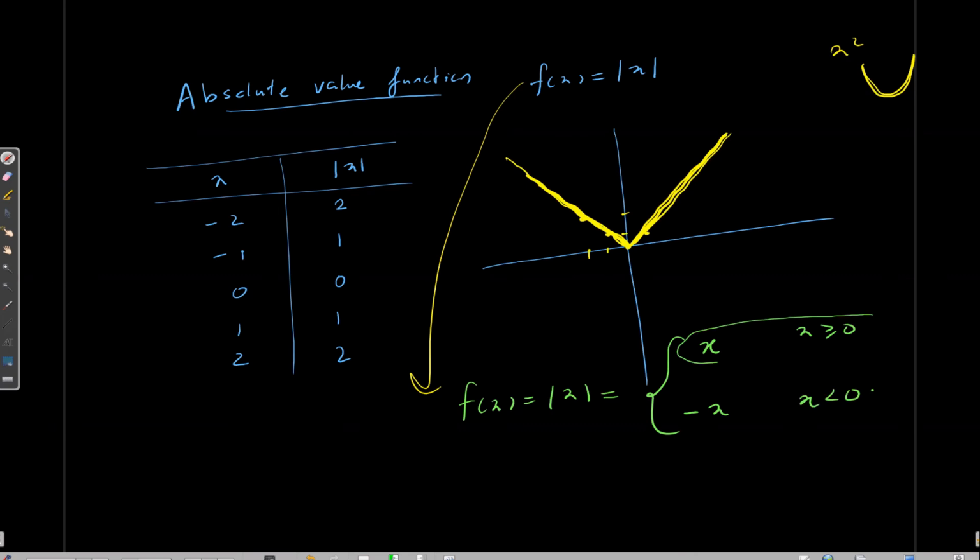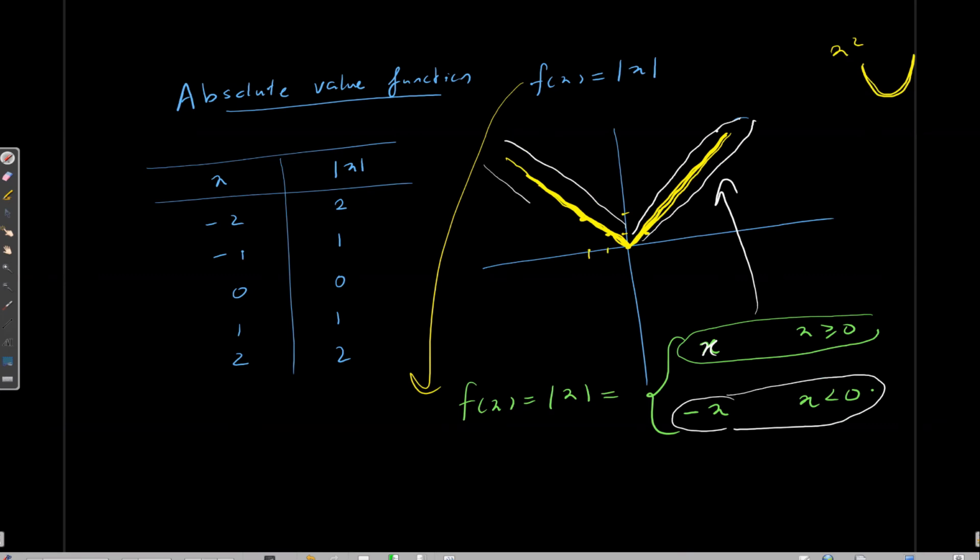Now this part is exactly this piece, because f of x equals x looks like this, and f of x equals -x graph is actually this part. So it's a piecewise function, and remember that V shape: the absolute value function looks like this, and it nicely matches our mathematical definition.